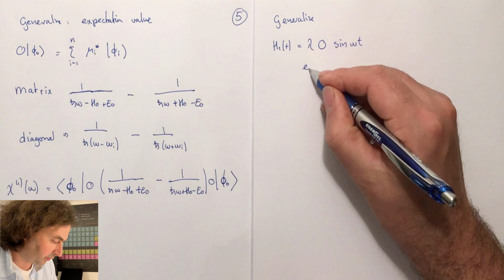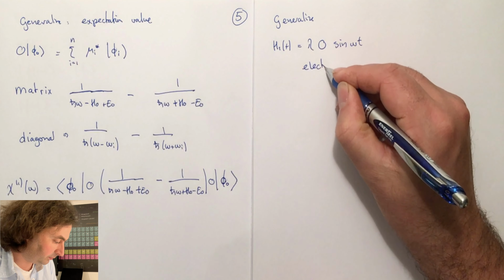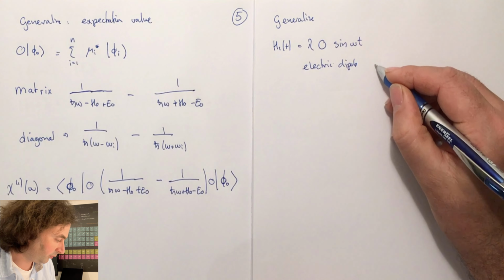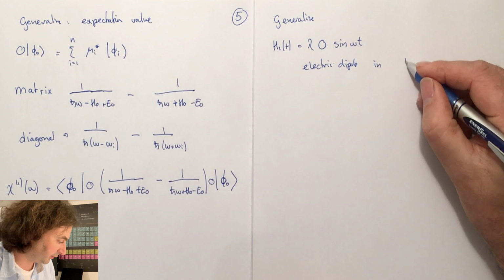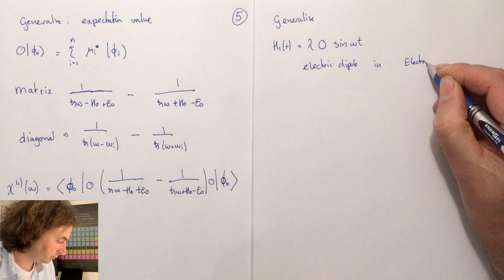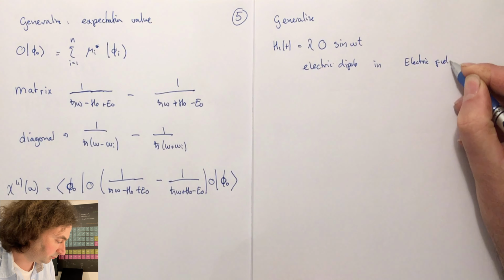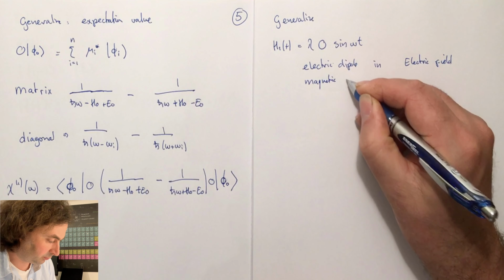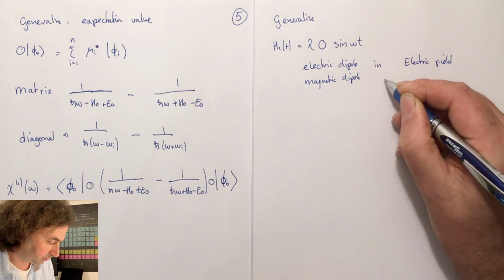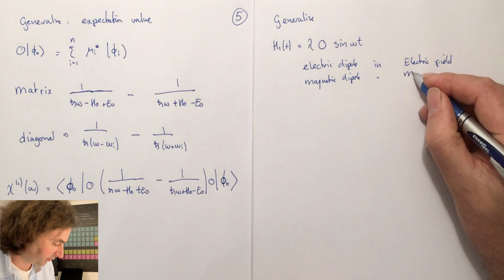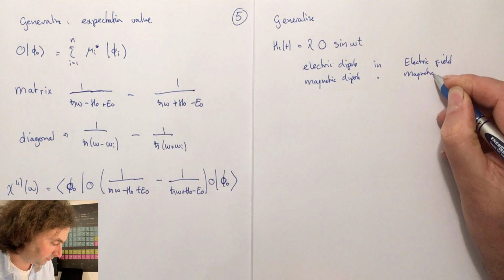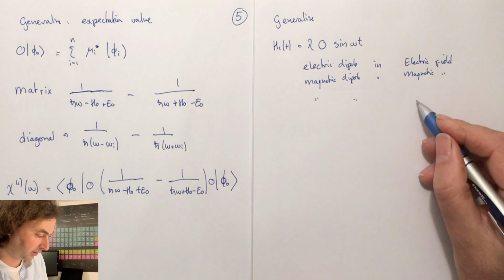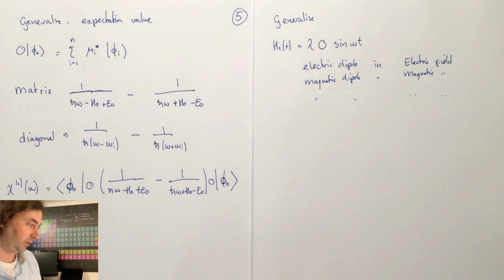So for example, you look at the electric dipole in an oscillating electric field. Or you look at the magnetic dipole in a magnetic field. And of course you can look at other operators as well.